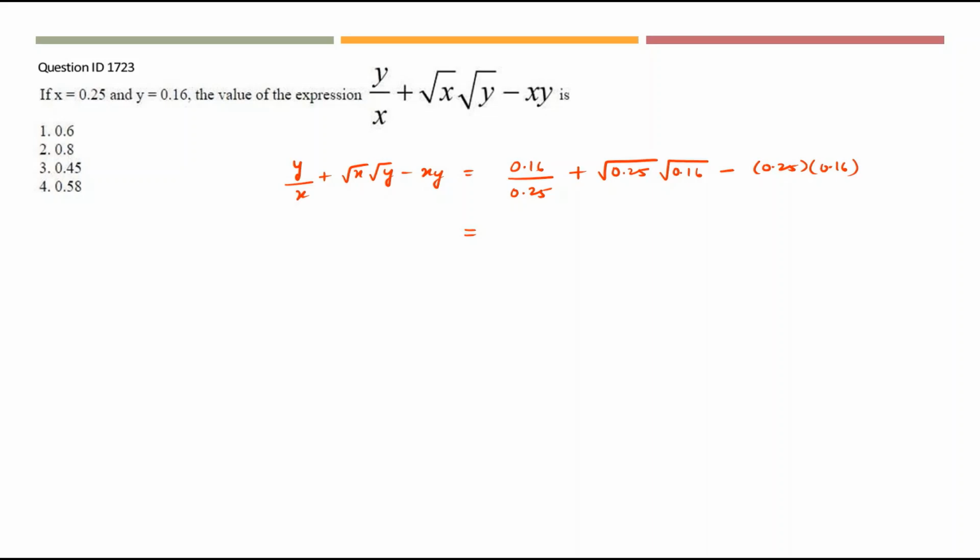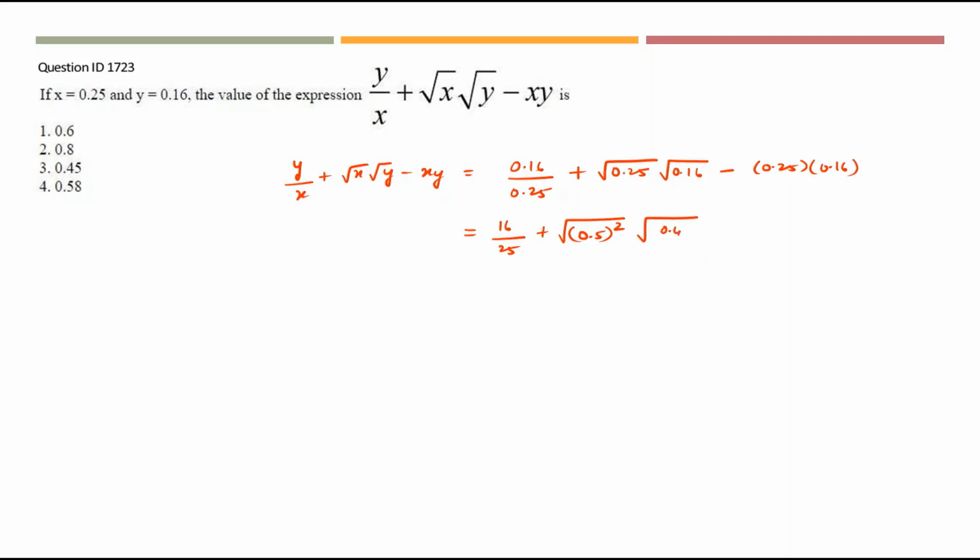Instead of 0.16 divided by 0.25, I can just take the decimal away and write it as 16 by 25 plus 0.25. 25 is 5 square. So I can write this as 0.5 square into 16 is 4 square is equal to 16.